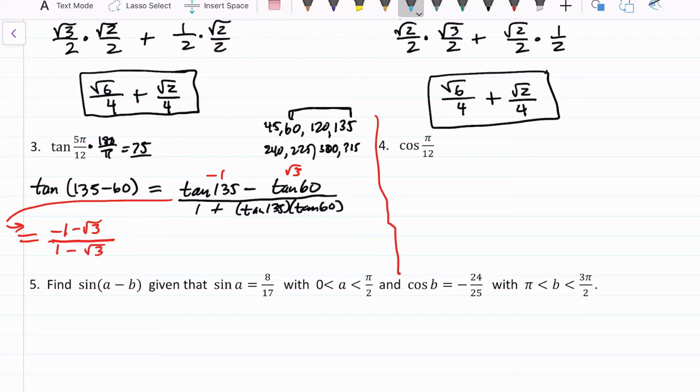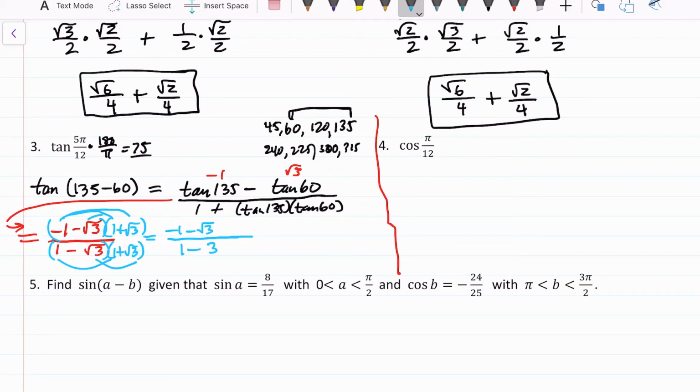I need to multiply to get rid of the radical on the bottom. So 1 plus radical 3. You're multiplying by the conjugate of the denominator. So in the bottom, 1 minus 3. In the numerator, negative 1 times both of those. So negative 1 times 1 and negative 1 times positive radical 3.